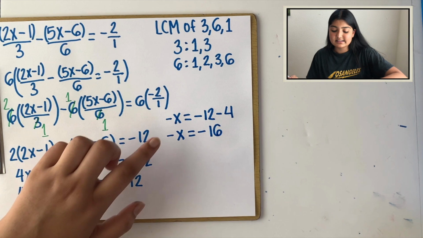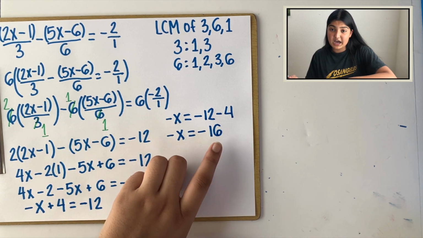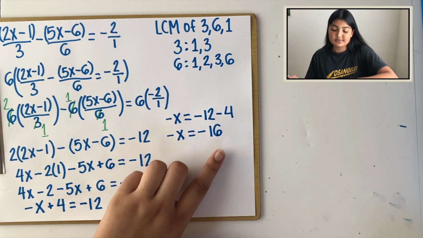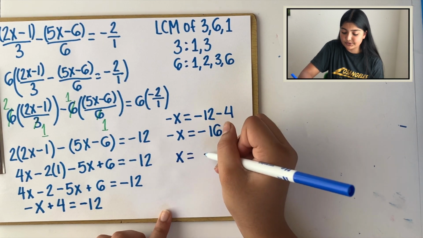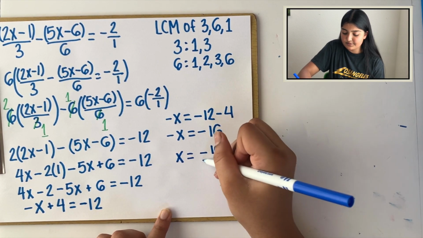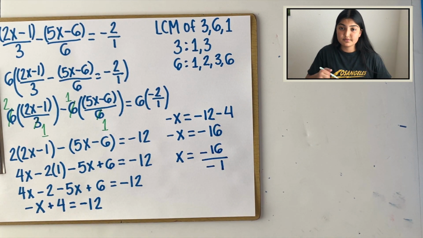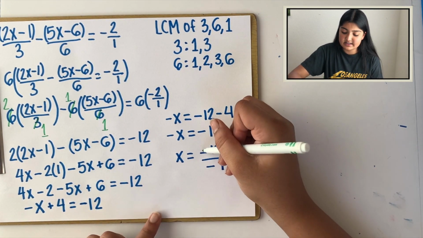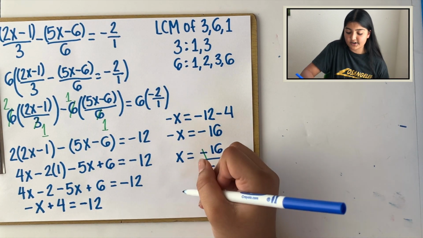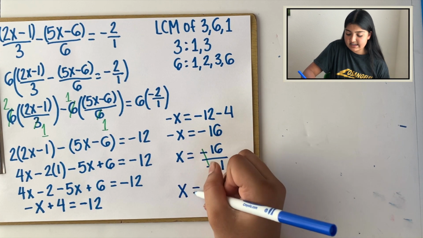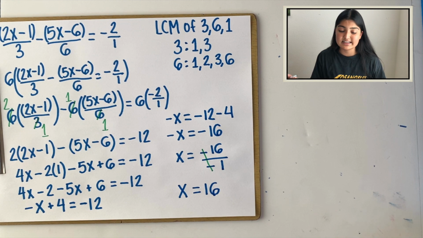Now, let's take this negative to the other side of the equation. So we can write it as x is equal to negative 16 over negative 1. Both of the negatives cancel out, which gives us an answer of x is equal to 16, which is a solution to this equation.